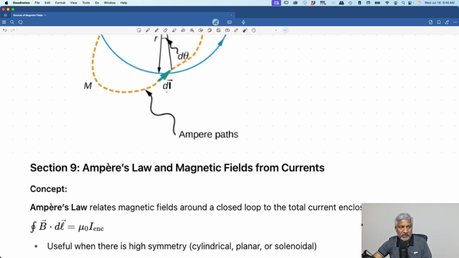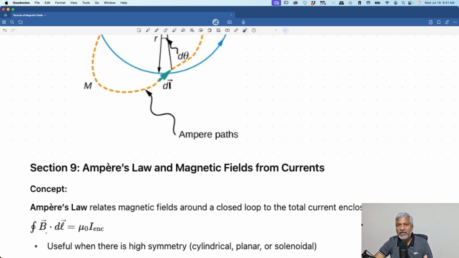B is the magnetic field right there, and dl is the length. So the angle could be anything, right? And you know that when you have a dot product, the factor that comes in is the cosine of the angle, because A dot B is AB cosine of the angle.